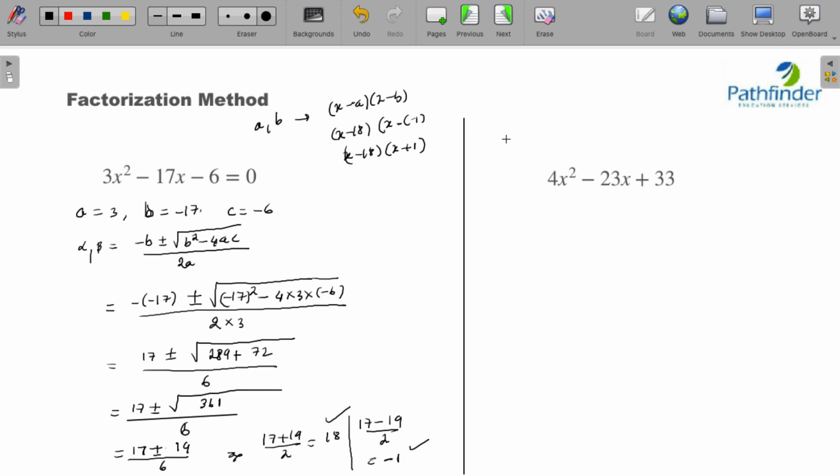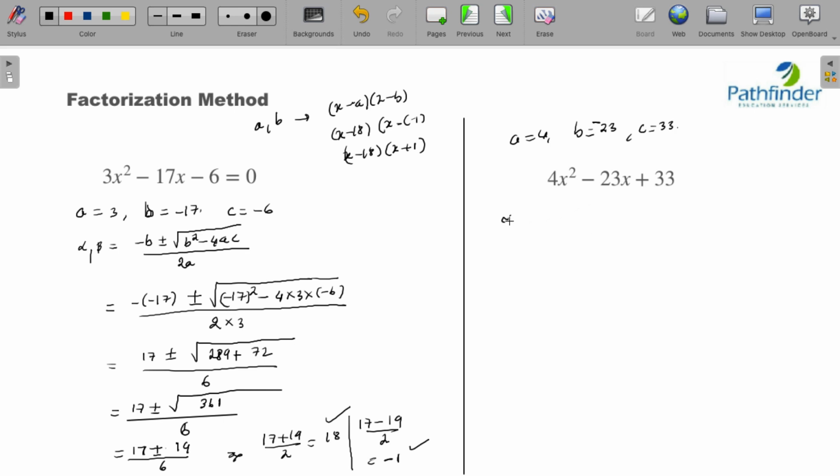Let us solve the second equation now. So we have a is equal to 4, b is equal to minus 23, and c is equal to 33. Now how do you solve that equation?